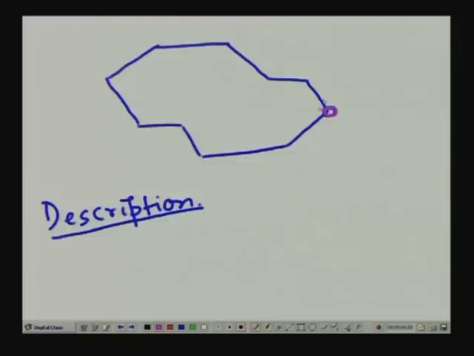Now, this vertex, if I call it say nth vertex, it has a subtended angle say theta n. Now, if I trace this polygon in say clockwise direction, then in the autoregressive model, what is assumed is this angle theta n is represented by a linear combination of k number of previous angles.